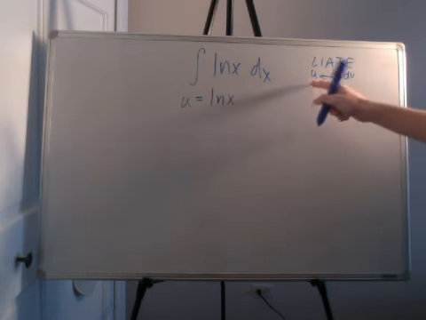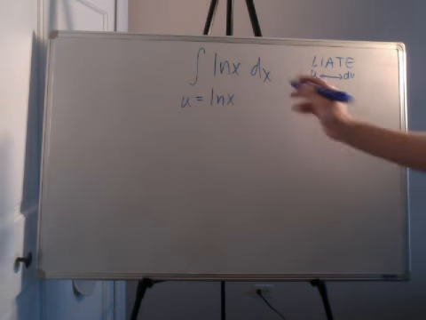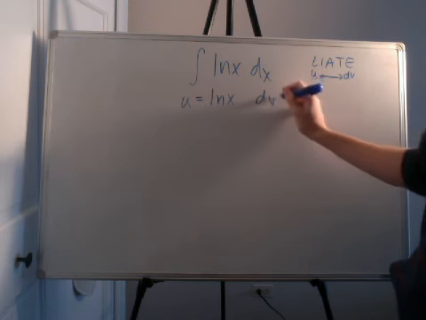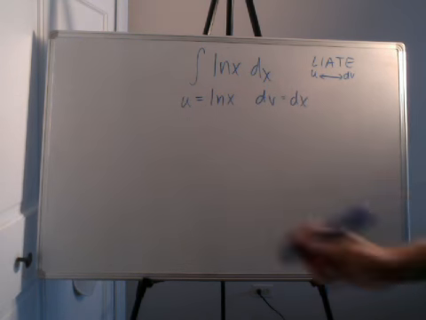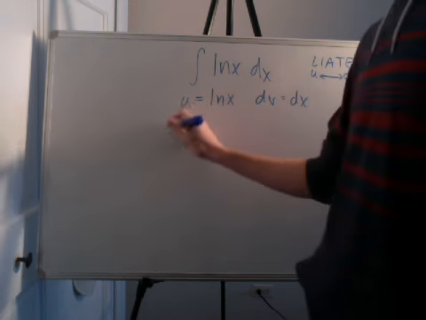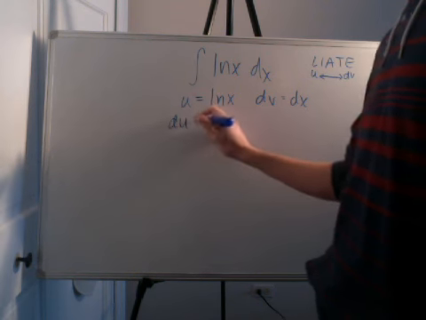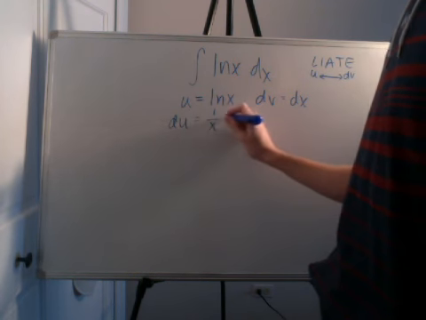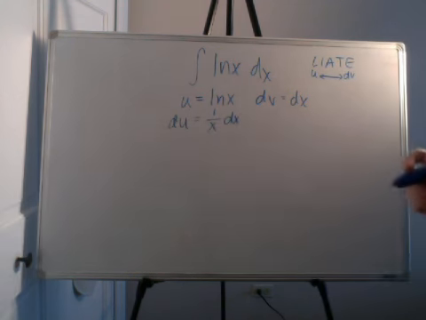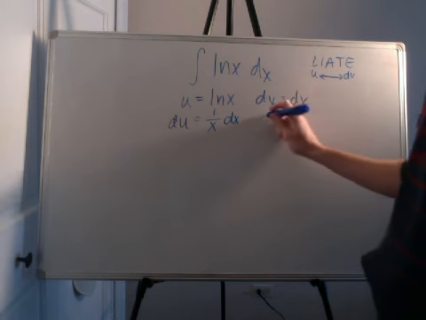It's the thing all the way on the u side, so you definitely want to do that. And you're going to make your dv. The only thing that's actually left is just dx. So the derivative of ln x is just 1/x dx, like that. And the antiderivative of dx is just x.